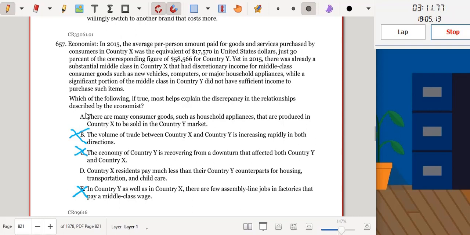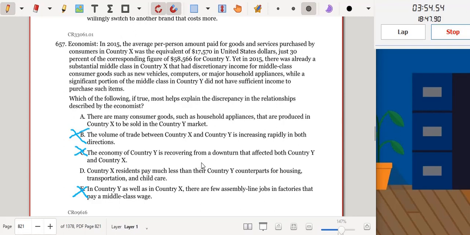These three are out. Which one of the following, if true, most explains the discrepancy? A: There are many consumer goods such as household appliances that are produced in country X, so they will earn more to be sold in country Y. And D: Country X residents pay much less than they can for housing. So this can be because they are saying that they have to pay less for housing and transportation.